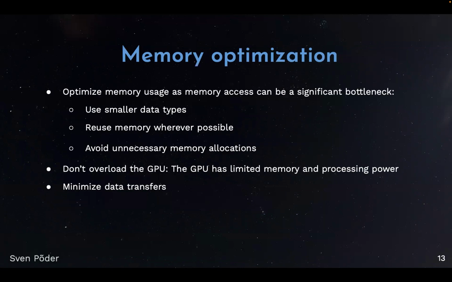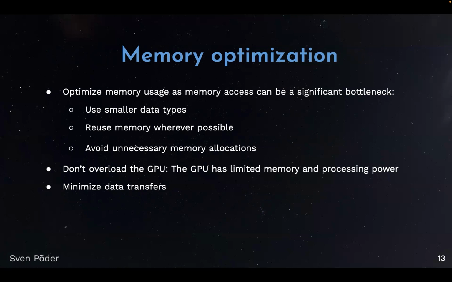Also, it's important to use memory optimization. Keep in mind that your GPU has limited memory, and you need to take care how you load data into it and how you load data out of it. Isn't it the same for a CPU?